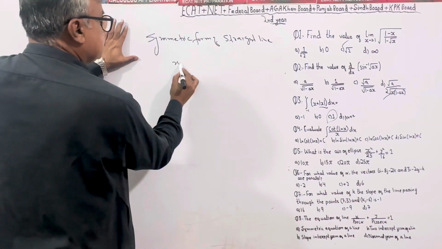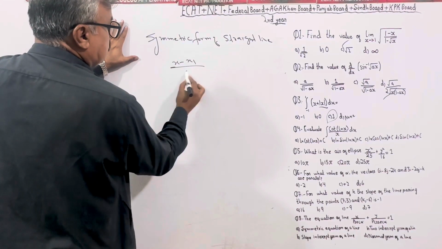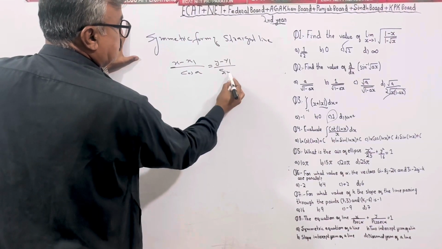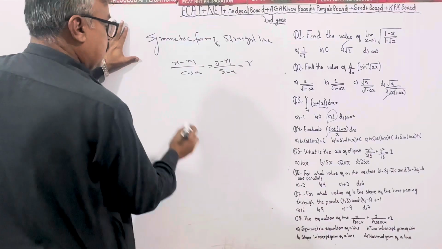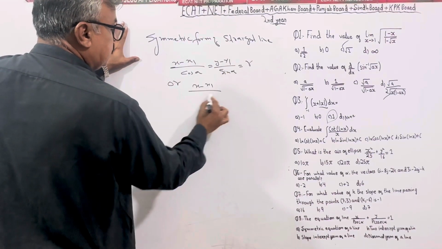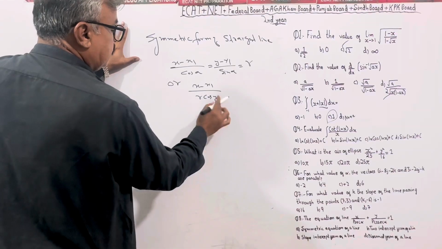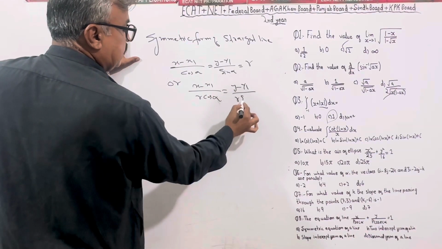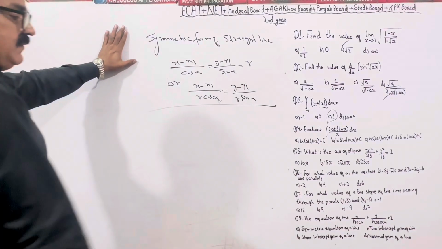It can be written as x minus x1 over cos alpha is equal to y minus y1 over sin alpha is equal to r. Or some writers write it as x minus x1 is equal to r cos alpha, y minus y1 is equal to r sin alpha. Symmetric form of a straight line.